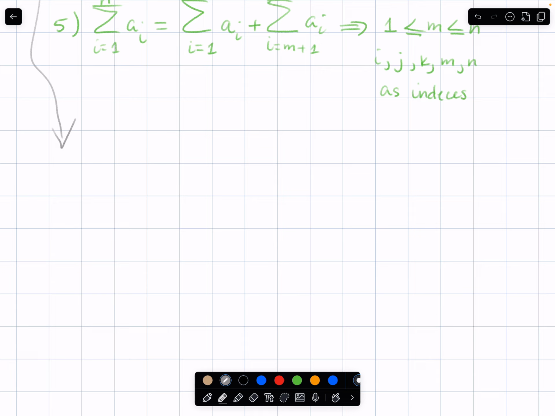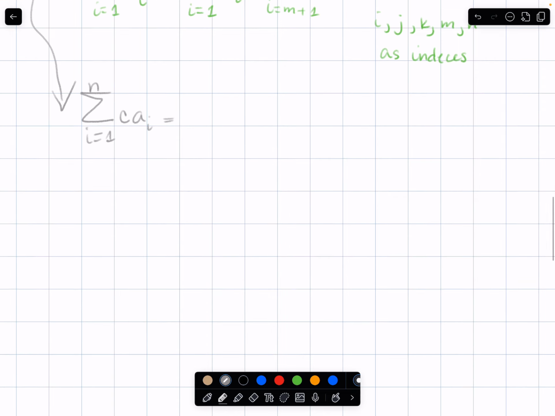So if we are trying to sum a list of numbers, it could be 20, it could be 100, and we multiply it by a constant, right? We can apply the commutative property or something, and then write it like that.